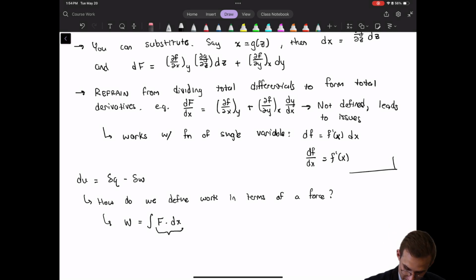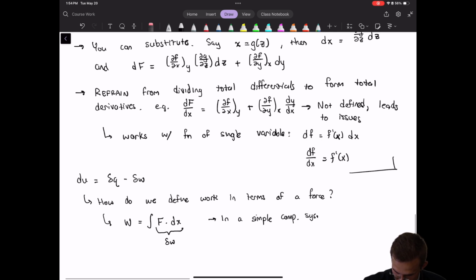But this whole thing together is actually delta W. Well, in a simple compressible system, the force is just going to be pressure acting over an area, because we're talking about essentially gases running into a wall, causing some sort of expansion in a cylinder, say. That's the work being done.